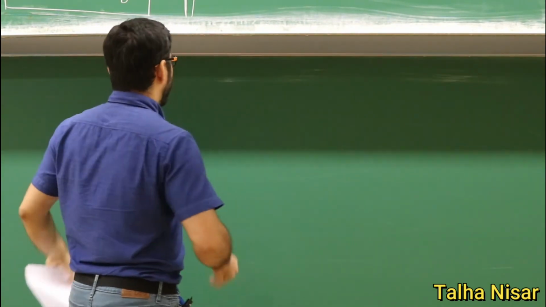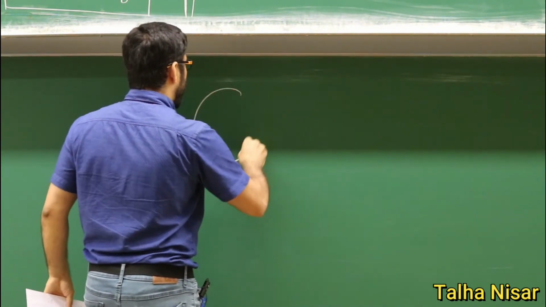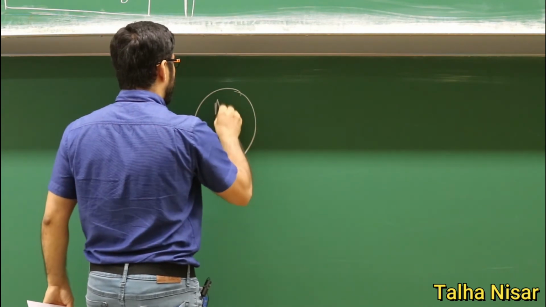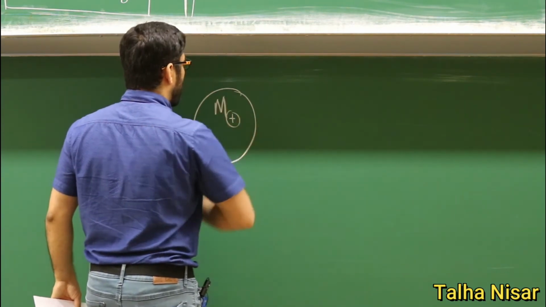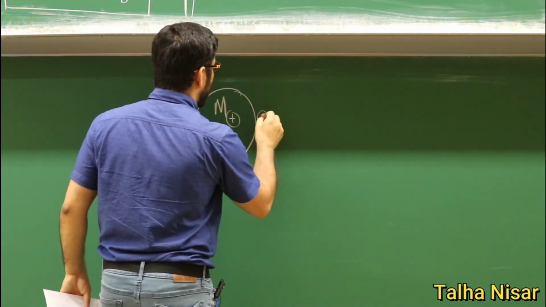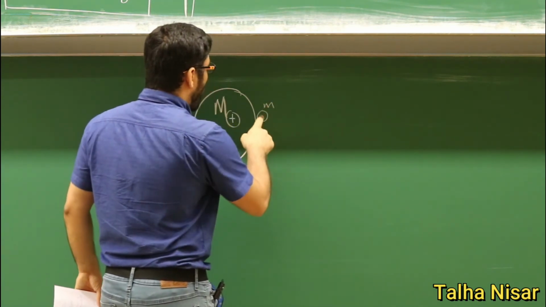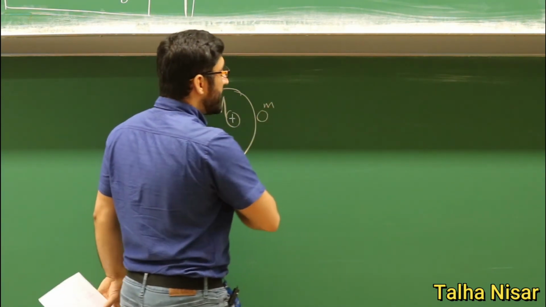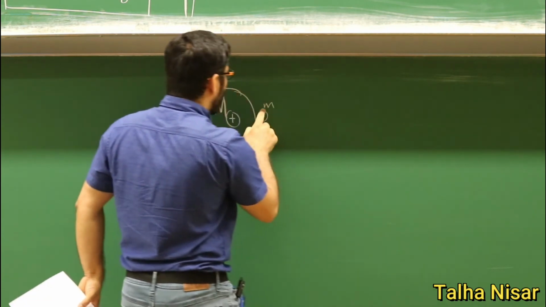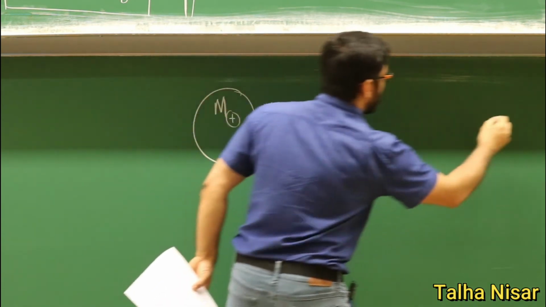So we have again the earth, which has a big mass here, and we have a small mass here. How much kinetic energy is required to bring the small mass to infinity?